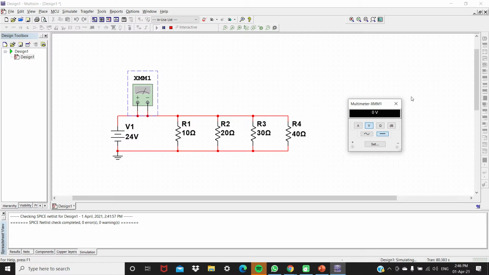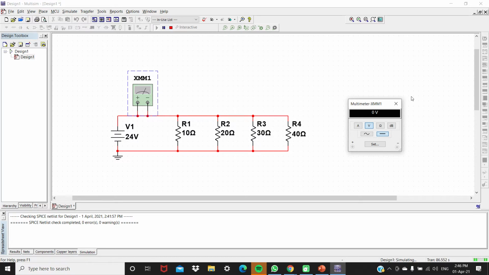When there is a potential difference, that is where the current starts to flow. The concept of voltage and current is that it needs a difference in potential.